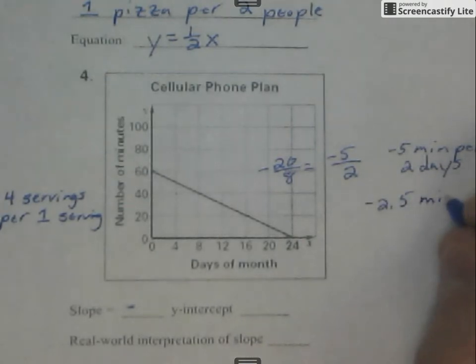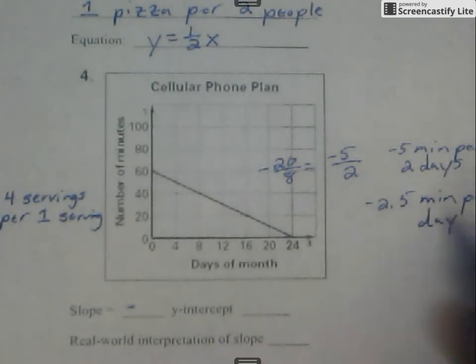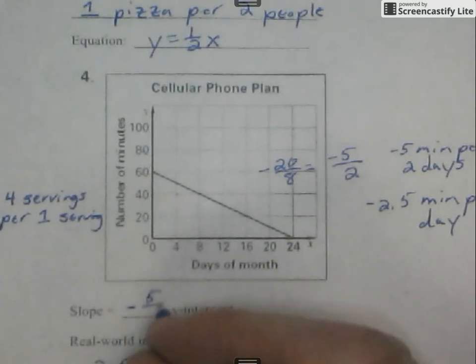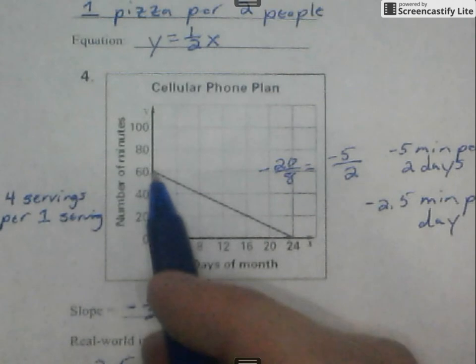So I have negative 2.5 minutes per day. My slope, I'm going to leave as a fraction, negative 5 halves. My y-intercept crosses the y-axis at 60. And my equation will be y is equal to negative 5 halves x plus 60.